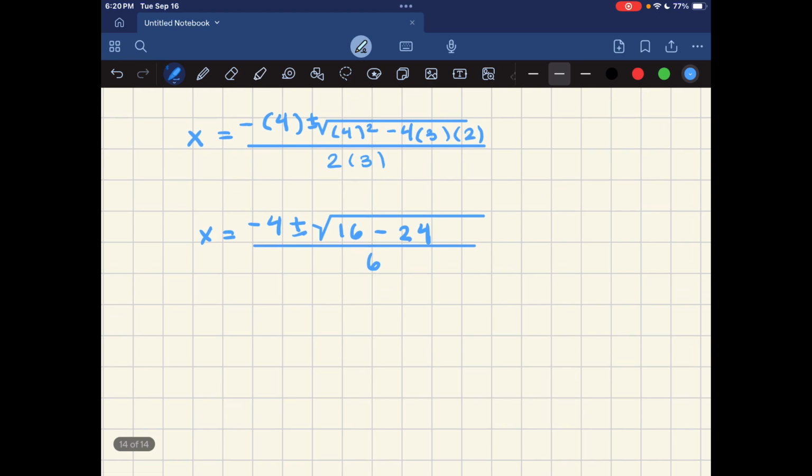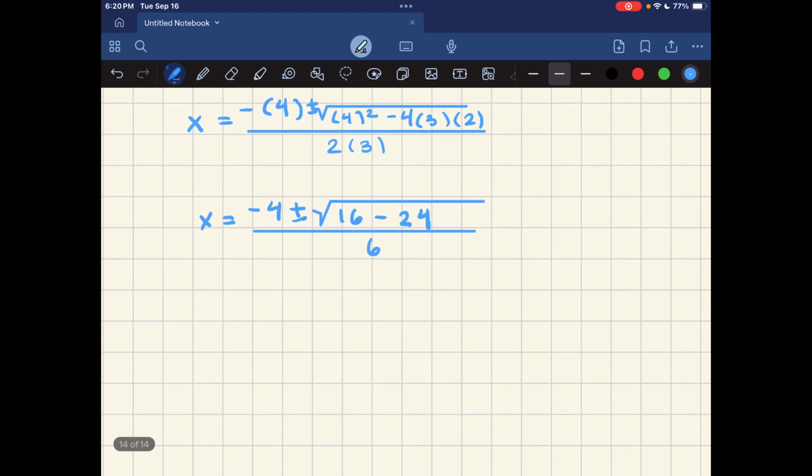Now we are just going to sum up these values again. It's going to be negative 4 plus minus, and then 16 minus 24 is going to be negative 8, over 6.